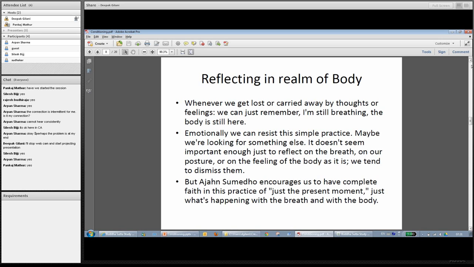So here is a very simple concept which I understood in Ajahn Sundhar's lecture. Most of the time in our day-to-day living, we consider that our mind is in our body. But if we sit and close our eyes and try to observe our body, what we can understand is that our body is in our mind.